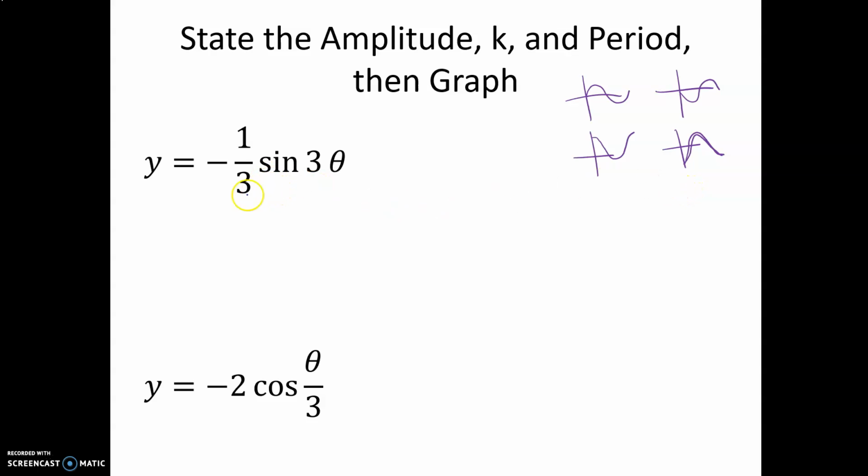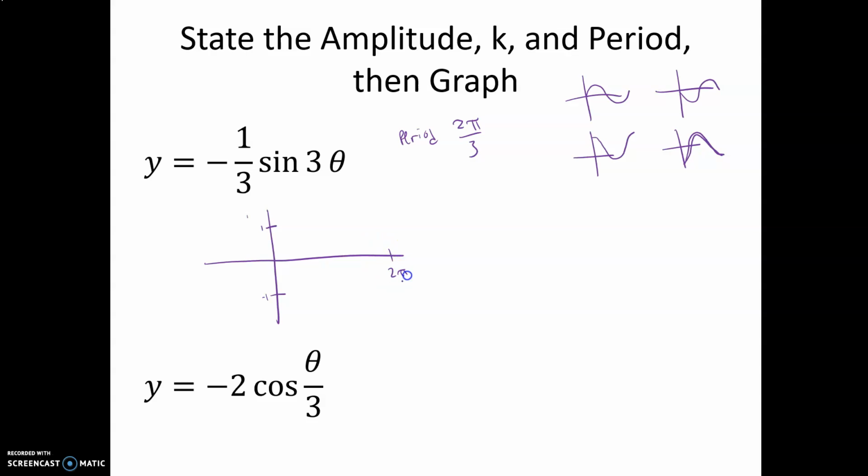So let's do this one real quick. We have 1/3. So I'm just going to do a really big 1. So that'll be my 1 and my negative 1. My period is 2 pi over 3.